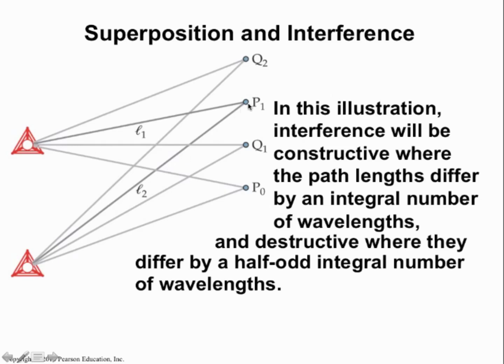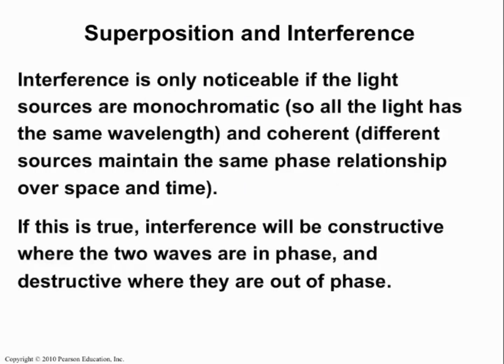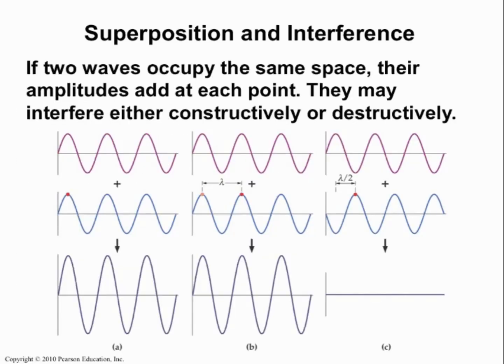If they meet up in such a way that they're in phase with each other, we're going to get constructive interference. But if they meet up in such a way that they're out of phase with each other by 1/2 lambda, we're going to get destructive interference.